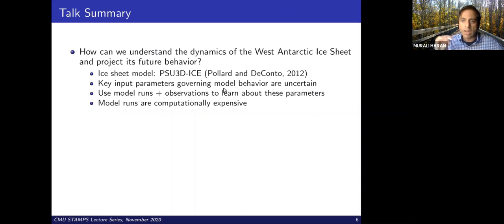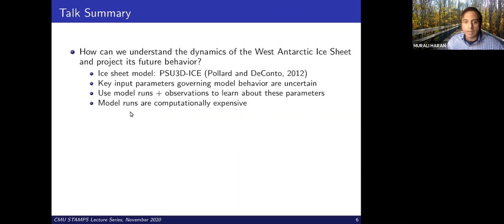And if you change them, you affect the behavior of the ice sheet model. So the plan here is to use model runs and observations to learn about these parameters. In the title of my talk, I use the word calibration, and you can simply summarize this as calibration: using model runs plus observations to learn about these parameters.